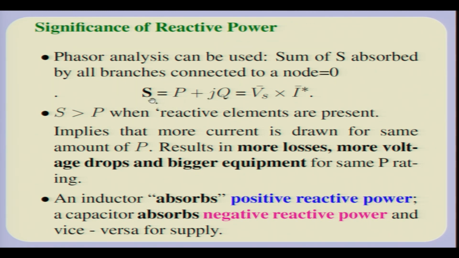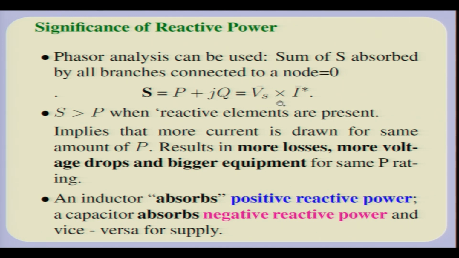I have put it in bold here; the S without the bold is the magnitude of S. So, the bold S can be represented as P plus jQ, it has both a magnitude and an angle, and very interestingly, it simply turns out to be equal to V multiplied by I star, and this multiplication sign is not a curl, remember, it is not a cross product, it is a simple multiplication of two complex numbers.